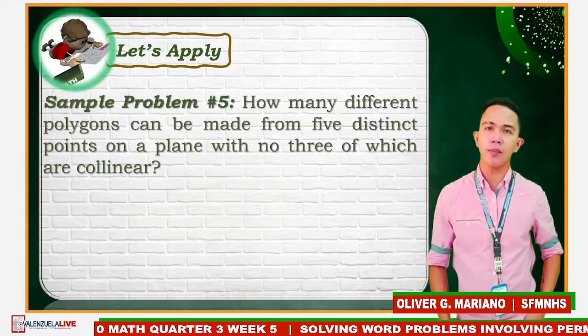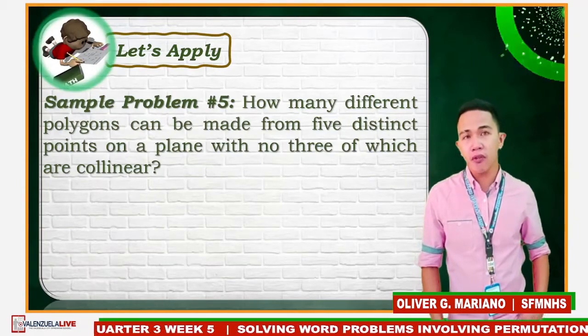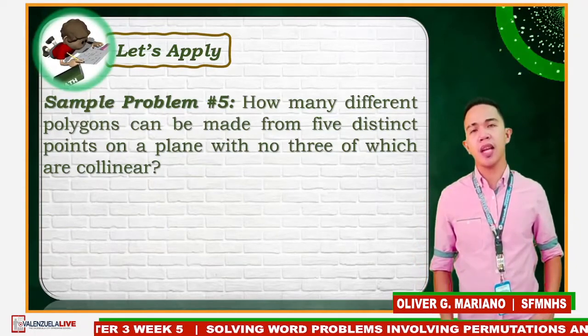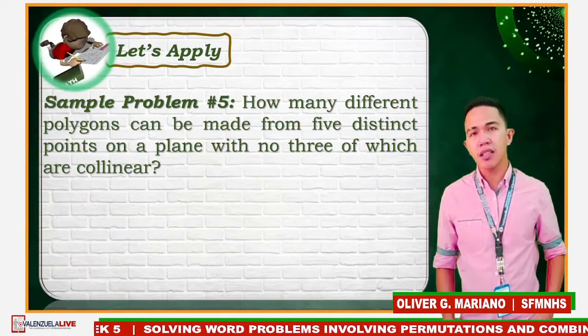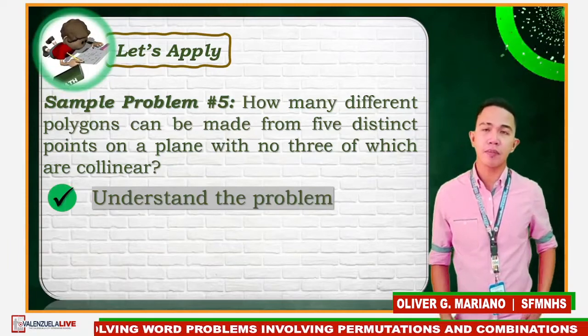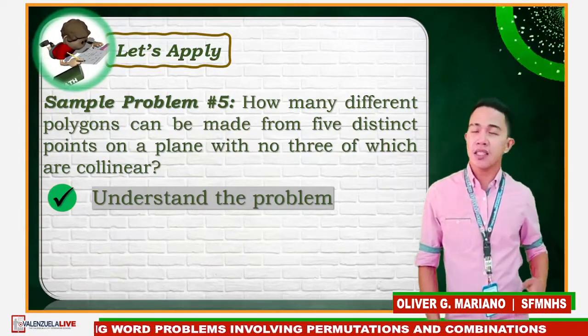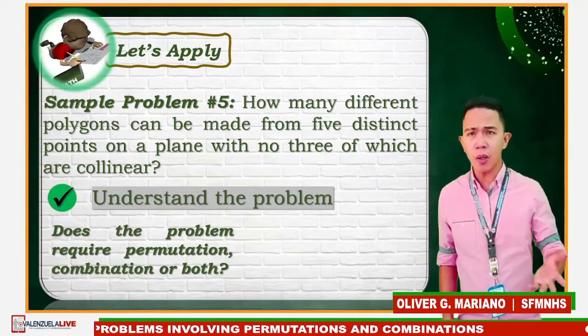Sample problem number 5. How many different polygons can be made from 5 distinct points on a plane with no 3 of which are collinear? First, we understand the problem. Does the problem require permutation, combination, or both?